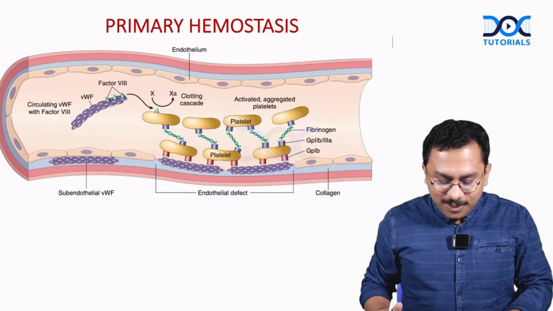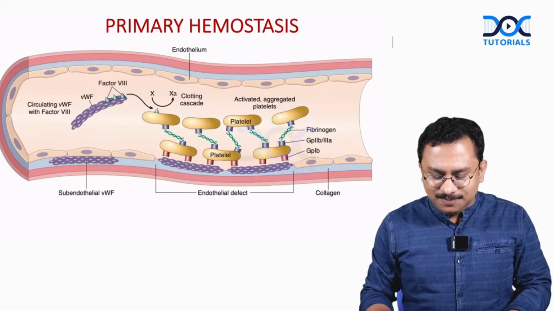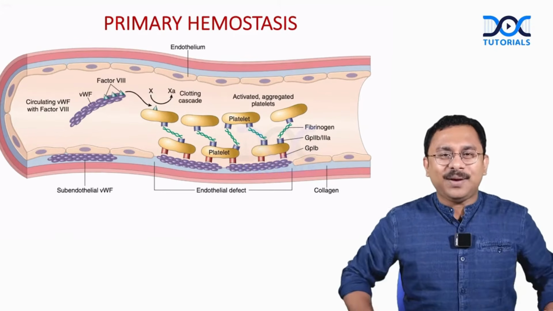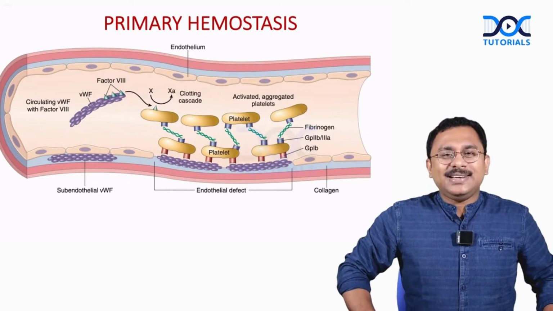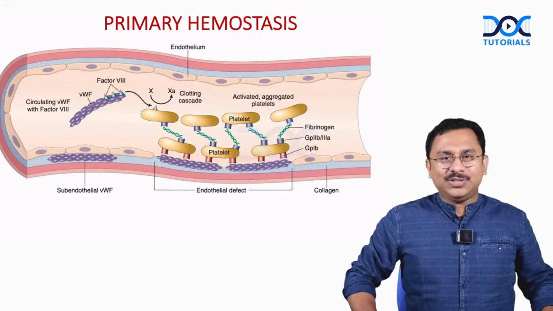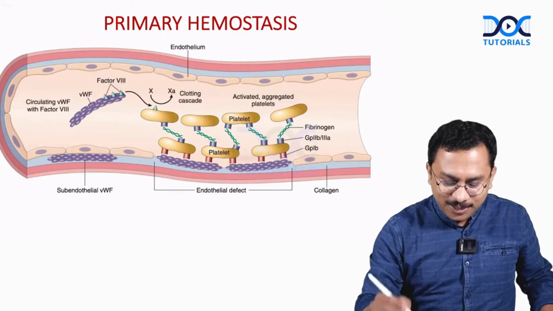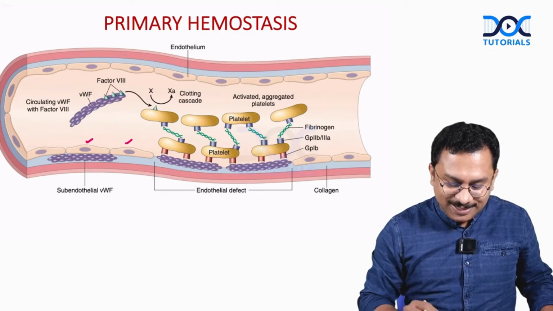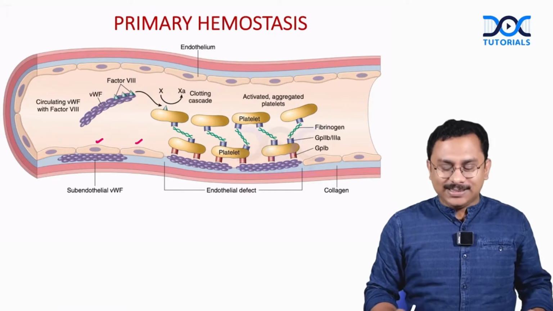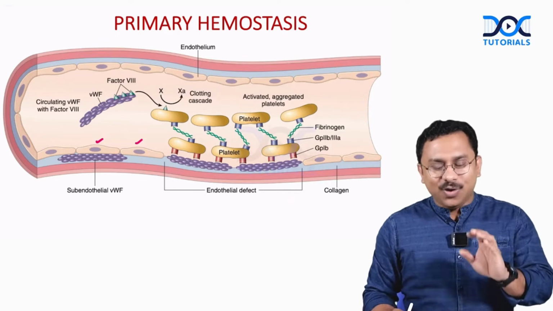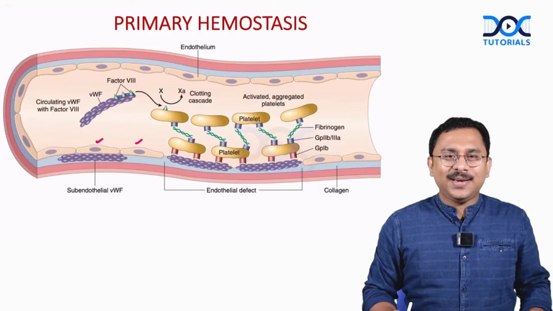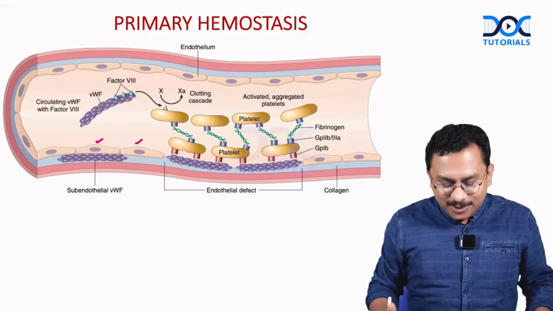Now let's move forward and discuss in brief what actually is primary hemostasis. What I want you to understand is, just have a look at this picture. You can see intact vascular endothelium. Now I just want you to have a look at the von Willebrand factor. So where is the von Willebrand factor located?